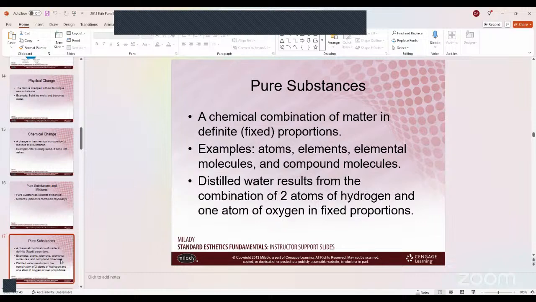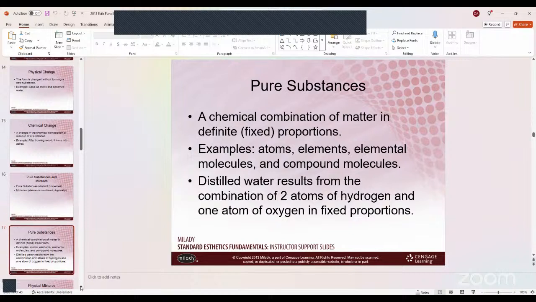Water is H2O. 2 hydrogen, 1 oxygen. So that gives us what we see as water. That's what we know of today as water.